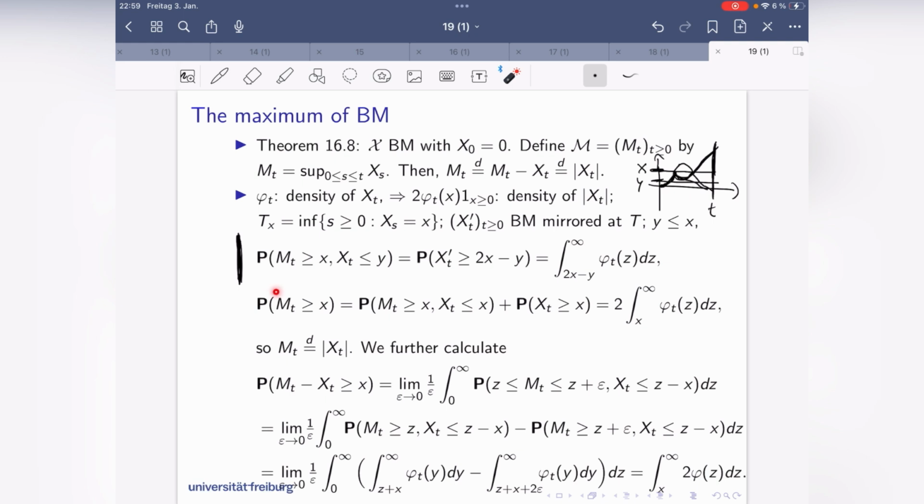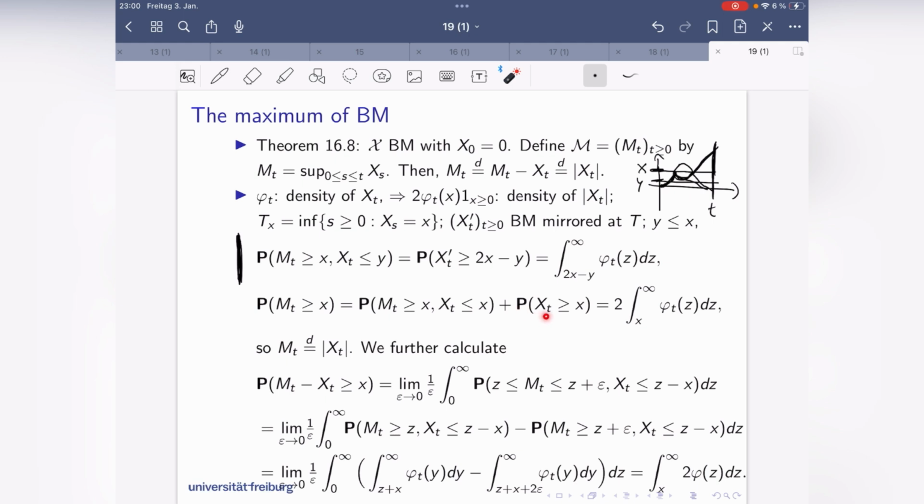So I can distinguish this thing here into 2 cases. Either M_t is bigger than or equal to x and X_t is smaller or equal than x. Or the same thing holds and X_t is bigger or equal than x, but if X_t is bigger than x, then M_t is of course also bigger than x, such that I can forget about the M_t portion in the second bracket here.